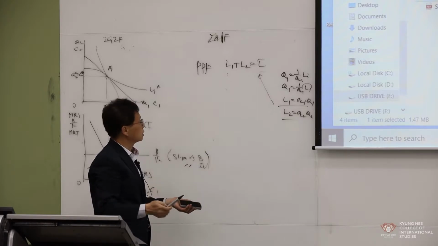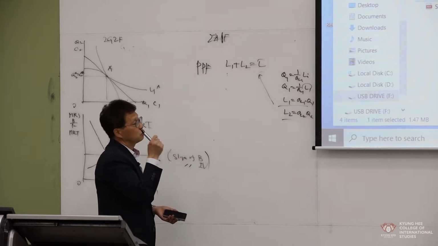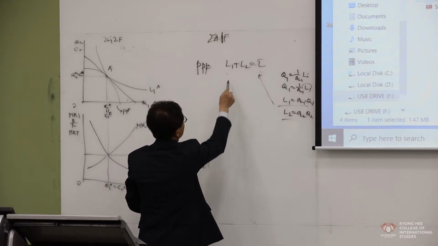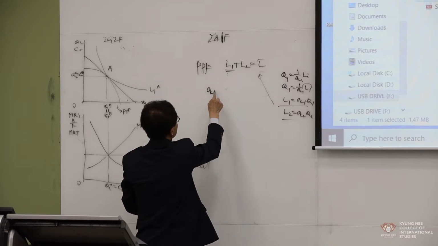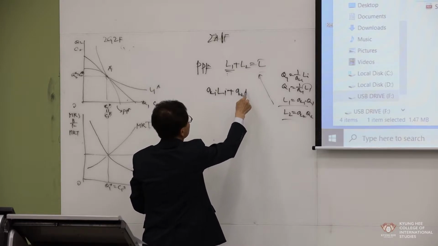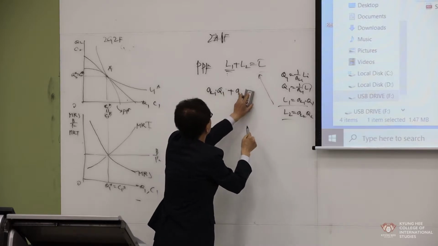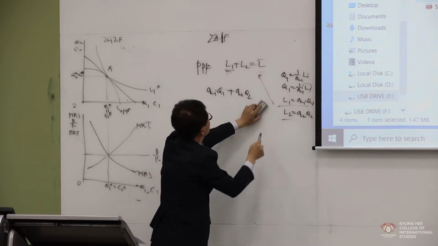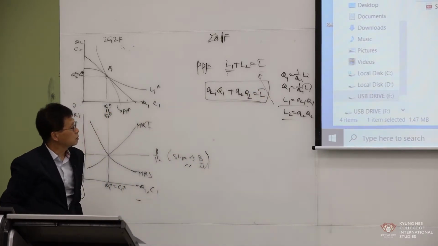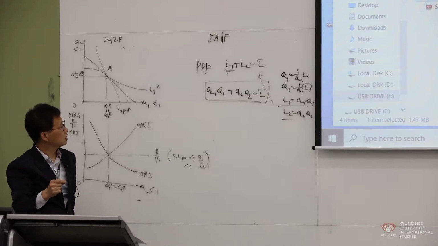Then we can construct the production possibility frontier in the two-good one-factor case. Then this one is AL1 times Q1 plus AL2 times Q2 should be equal to L bar. Okay? That is the production possibility frontier in the two-good one-factor case.